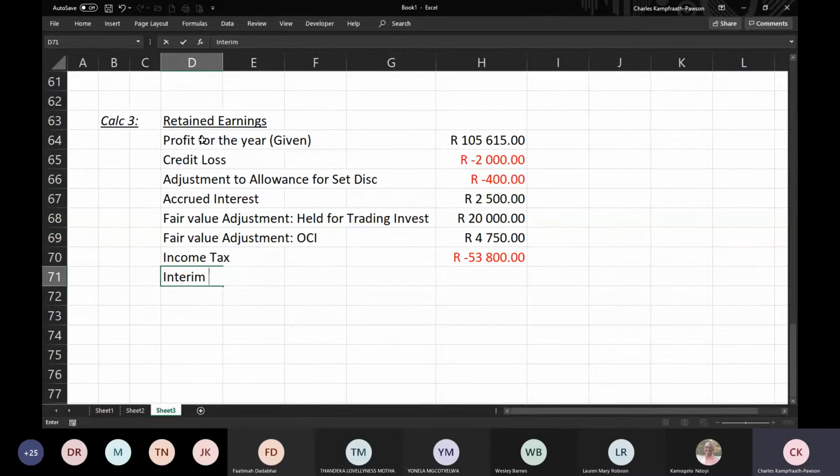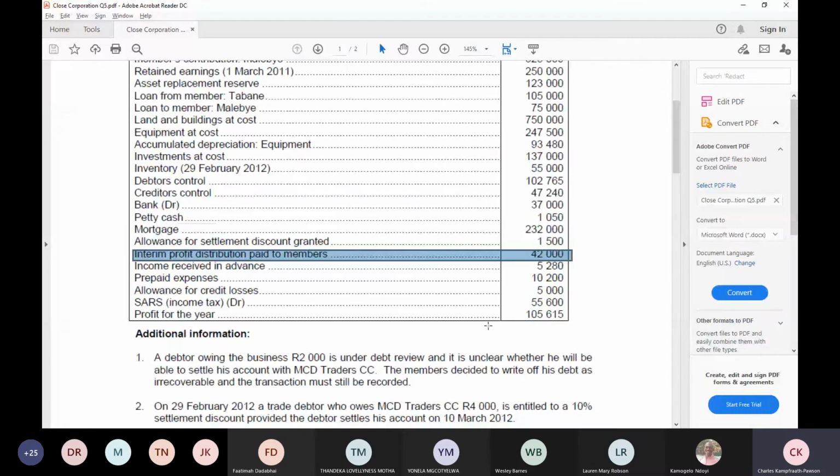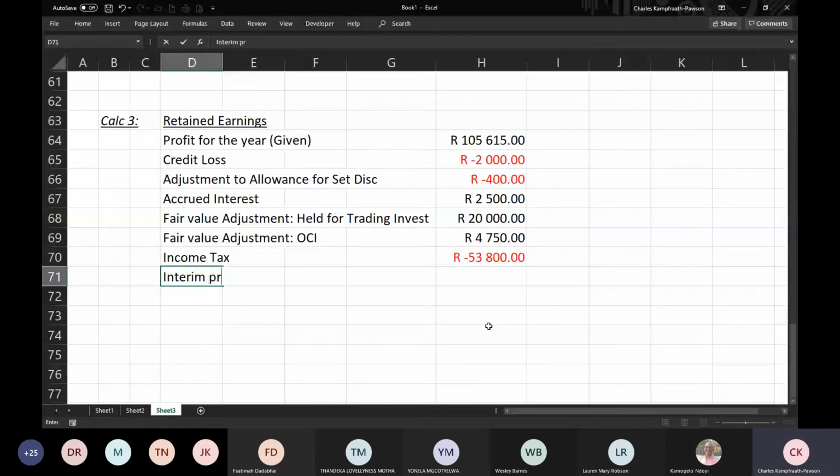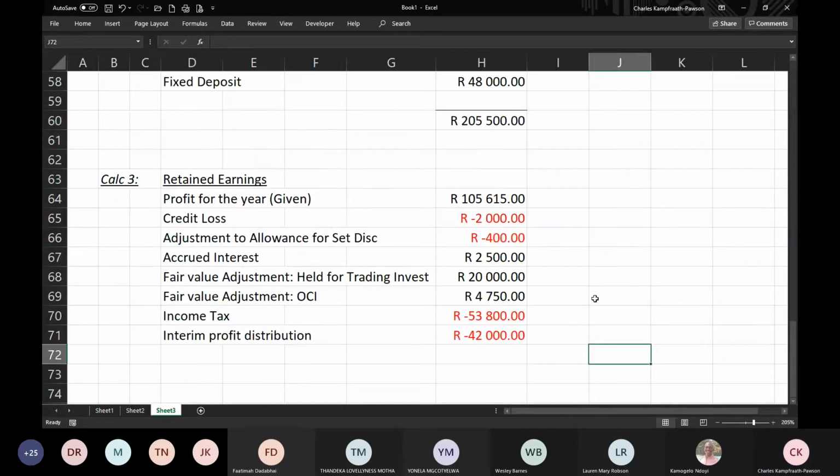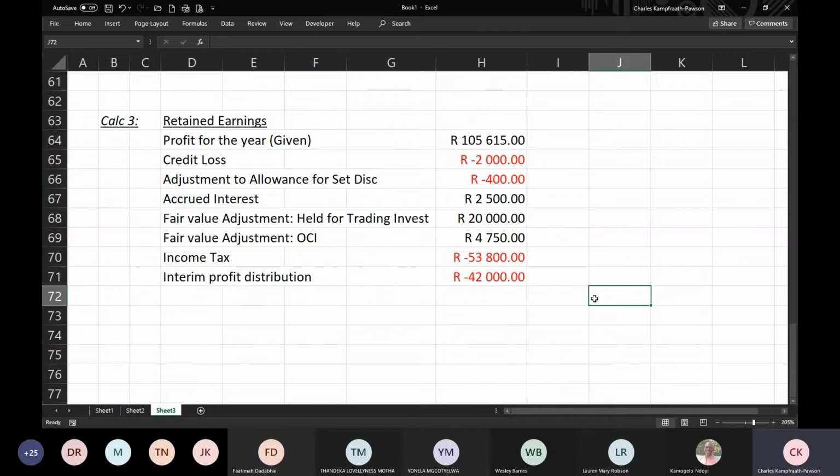Because remember, we're not just working with the profit, we're working with retained earnings. Interim profit distribution. Okay, everybody happy?